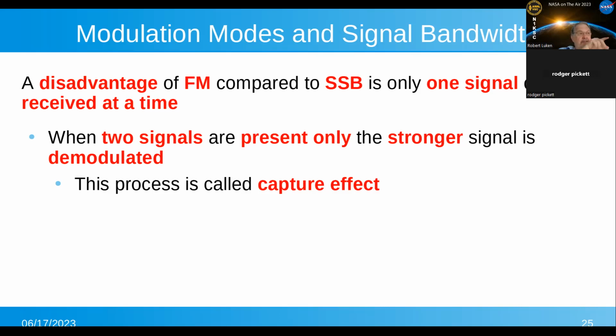It may not be easy to tell which is which, but you can hear more than one at a time. With FM, it has what's called the capture effect because of its frequency modulation, and the discriminator will only pass the strongest signal. So on FM, you will only hear one signal, unless you're way down in the noise and just getting garbage.